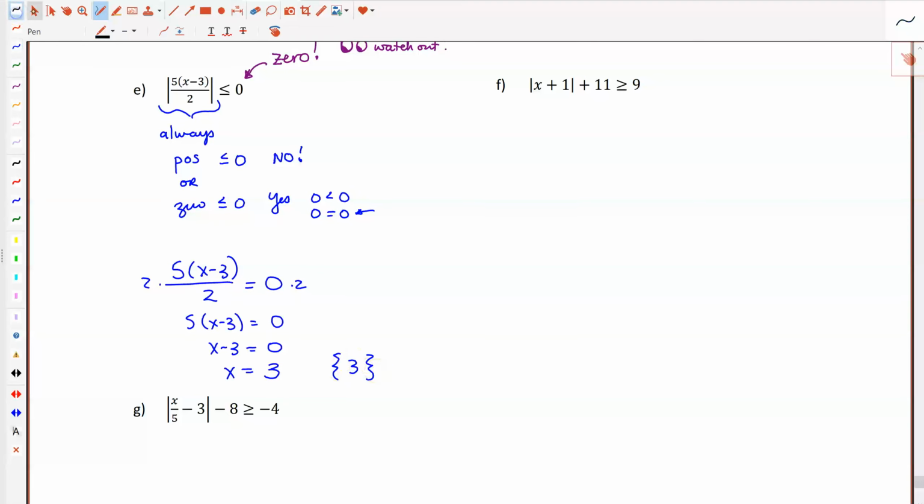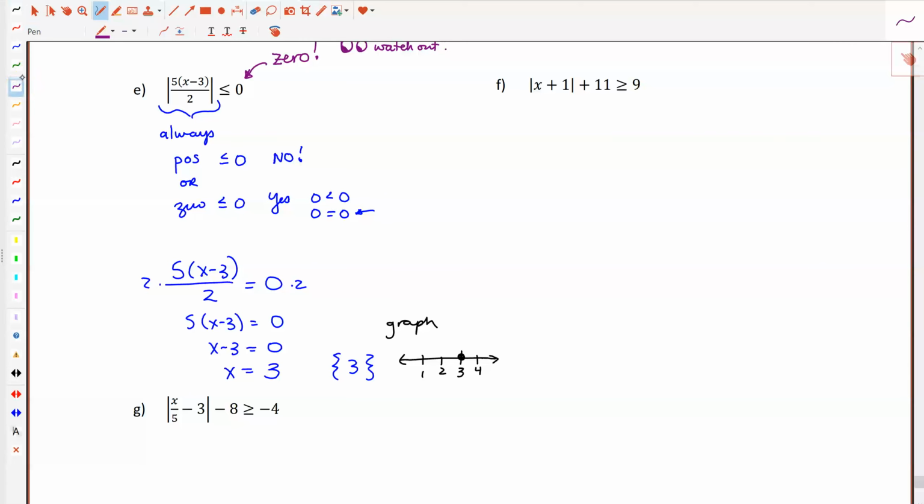And then if you wanted to graph this, this is kind of the dinky case to graph. I'll just put down a number line with just a couple of values on there, and then at the value in question, which is 3, I'll put a dot. Okay, so there's the graph of the solution set.